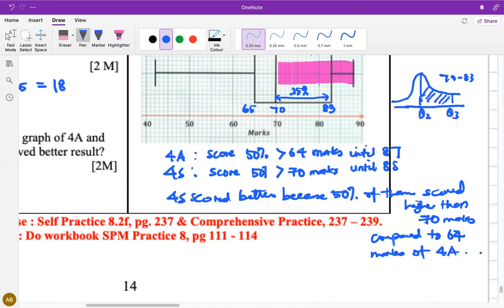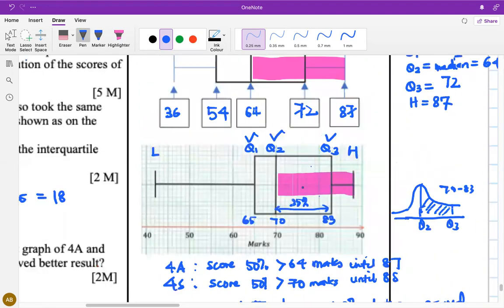Okay, so you can say it like that. So this is how you explain, right? If you want to explain more, you can elaborate on the 3 here.